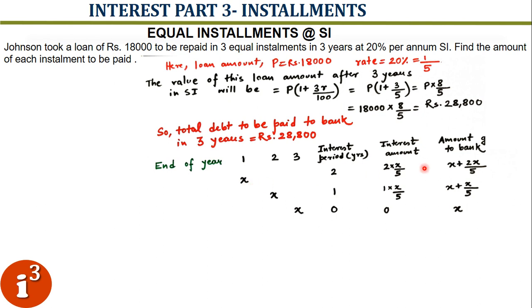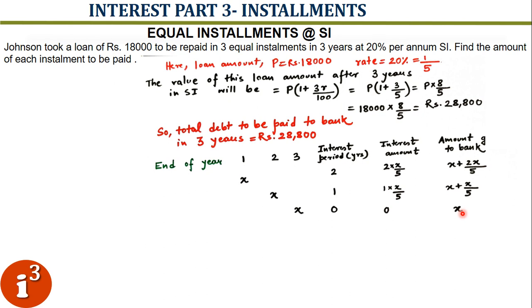Then on this installment, the interest generated will be 1 by 5 into x because the interest period is 1 year. On this installment, the bank will give you no interest. So you have paid 3x, but the bank will count it as this much after 3 years: x plus 2x by 5, plus x plus x by 5, plus x.